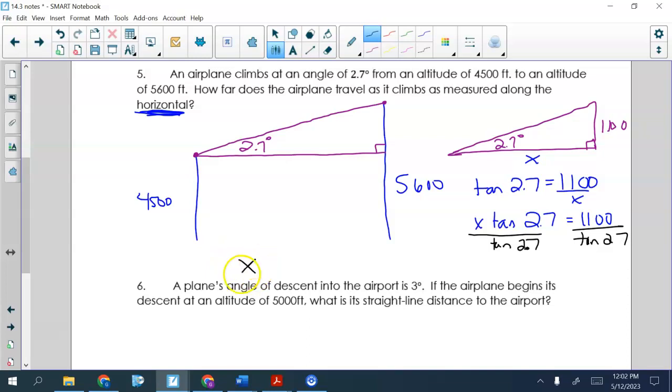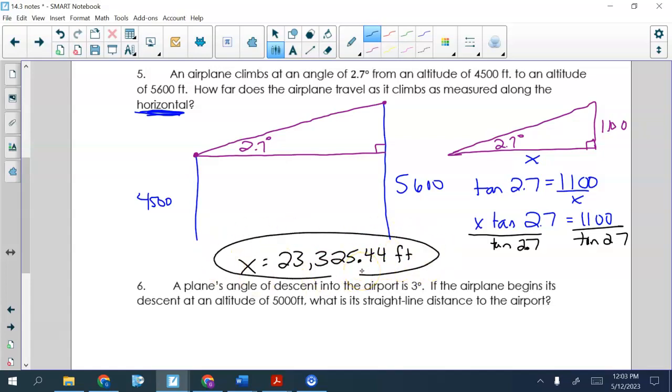And we get x equals 23,325.44 feet. So that's how much horizontal distance still needs to be covered, or will be covered in that time frame.